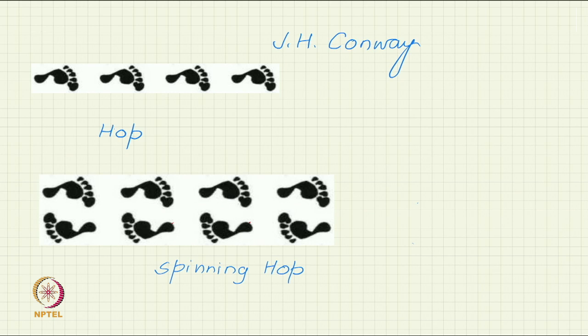So, in this case let us say we select this gap as the lattice point. All these points are translationally equivalent and the distance from one to another is the lattice translation vector. So, there is a translational periodicity.